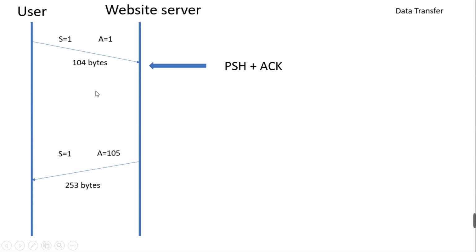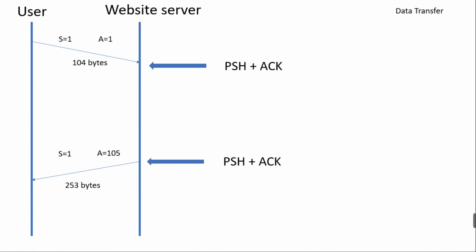So we're doing the data transfer phase right now, and we're sending our request to the server for the required data transfer. That's why the push flag is working here. At the second step, the server responded with all of its data to the user.